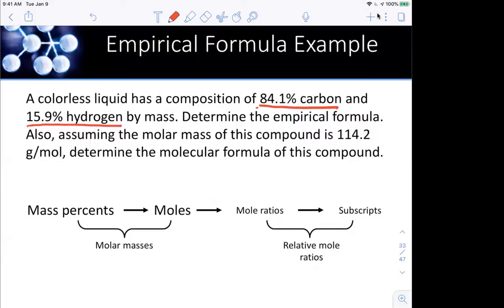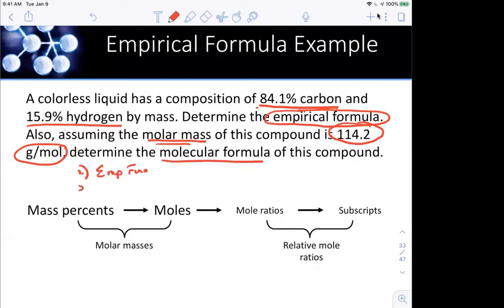The first step is to determine the empirical formula. And then since I know the molar mass because it's given to me, I can also determine the molecular formula. Step one is determine the empirical formula. Step two is determine the molecular formula because I have the molar mass.